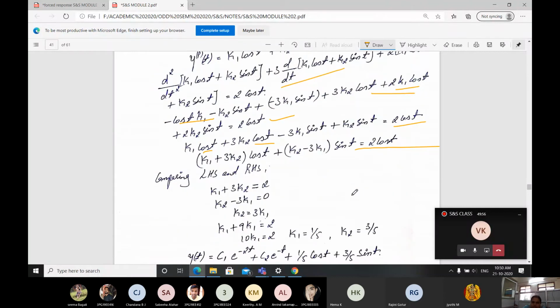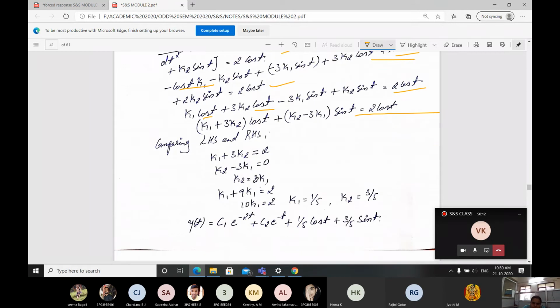Comparing the cos terms and sin terms, k1 plus 3 k2 is equal to 2. Then k2 minus 3 k1 is equal to 0 because the sin term is not there. Therefore, k2 is equal to 3 k1. Substitute in the equation and solve, and you will get k1 as 1 by 5 and k2 as 3 by 5.